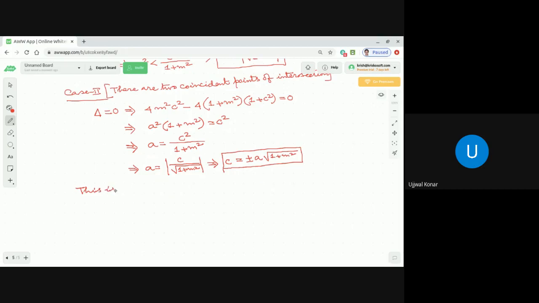So this is the required condition for tangency. And what are the equations of the tangents?